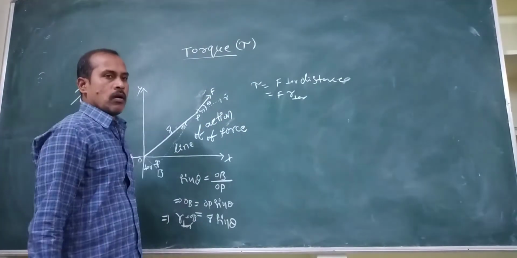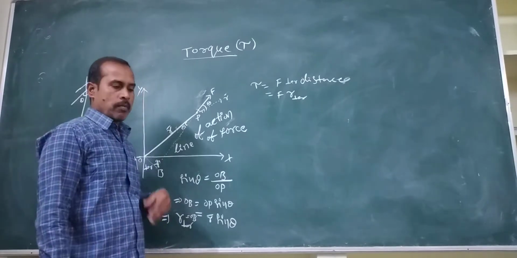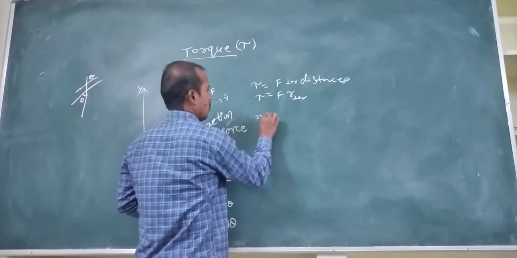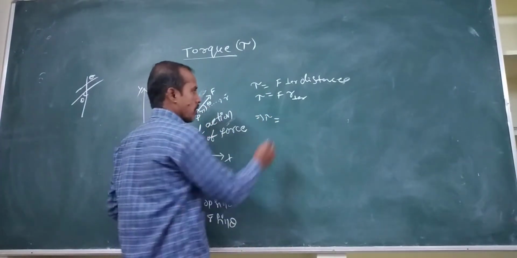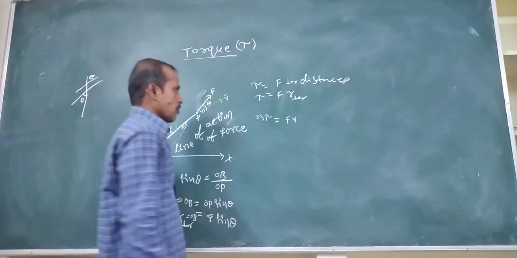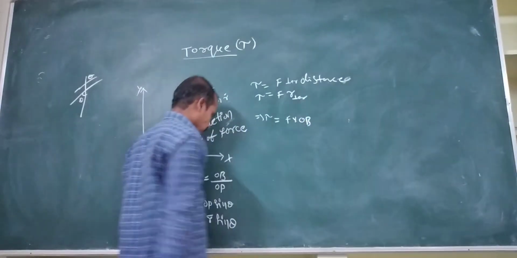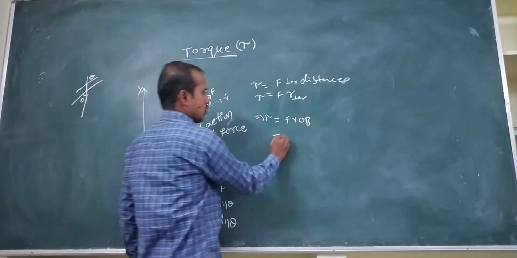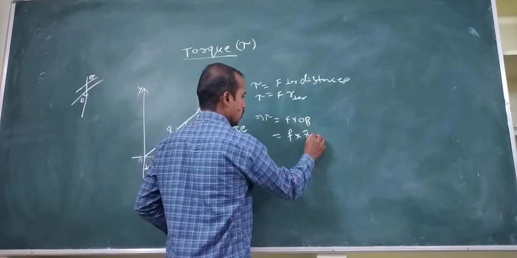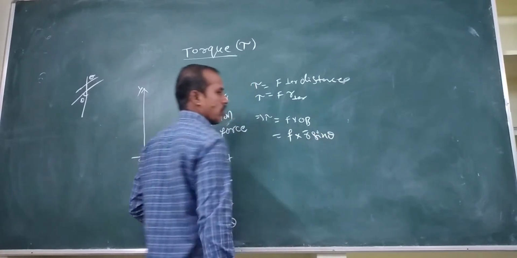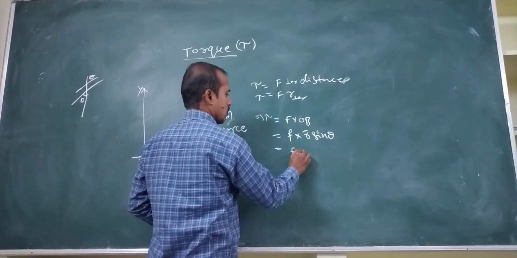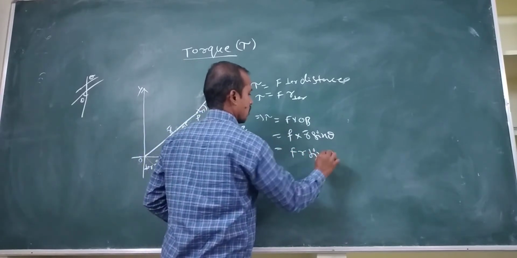From the statement, tau is equal to the magnitude of force into the perpendicular distance of the line of action of force. Simplifying, tau is equal to force into the perpendicular distance OB, that is F into OB, equal to F r sin theta.